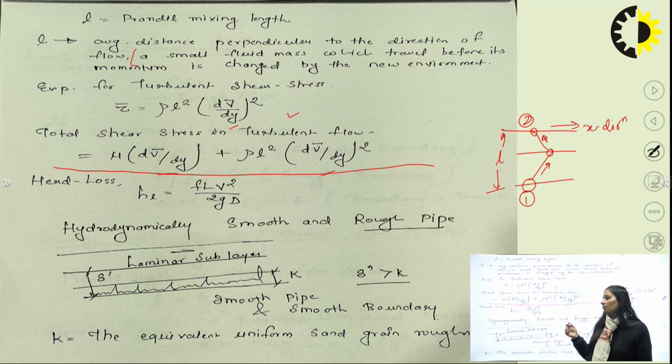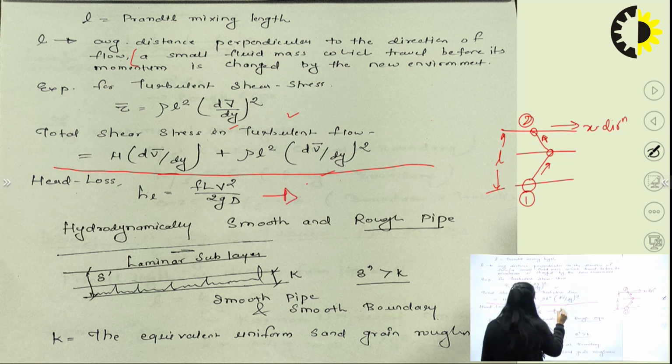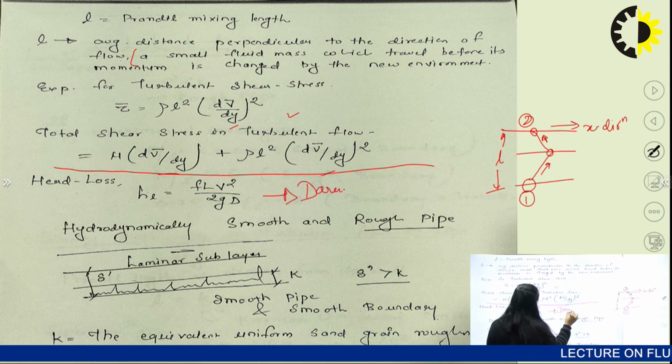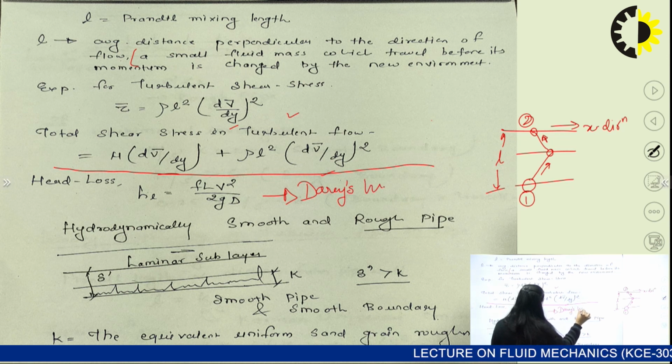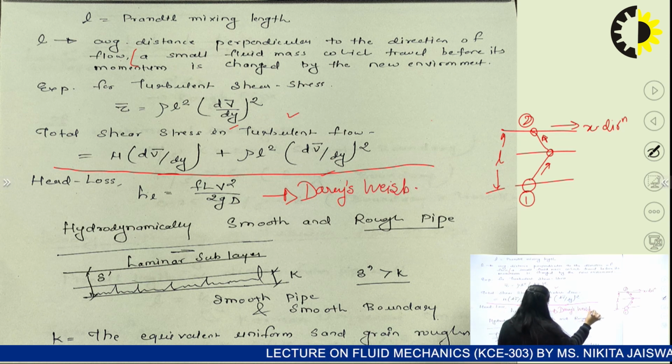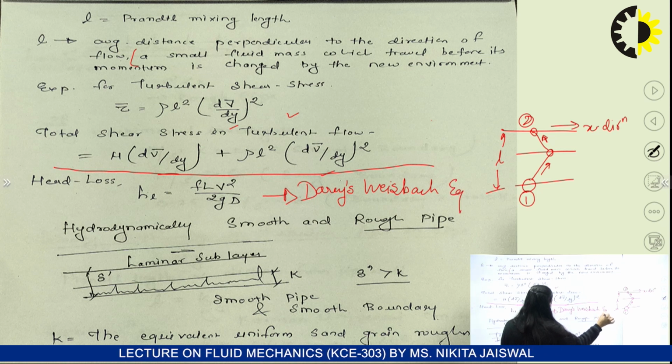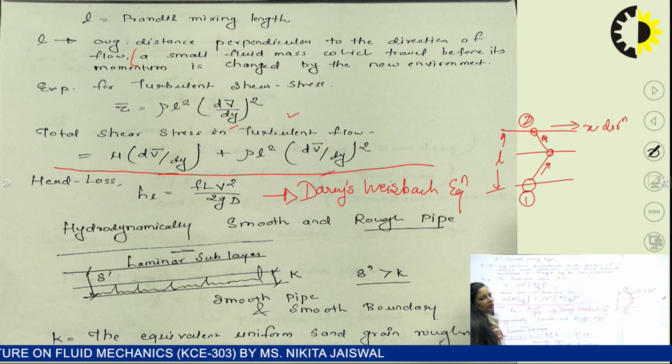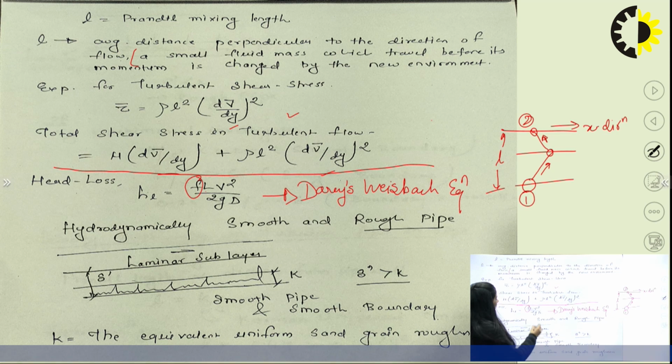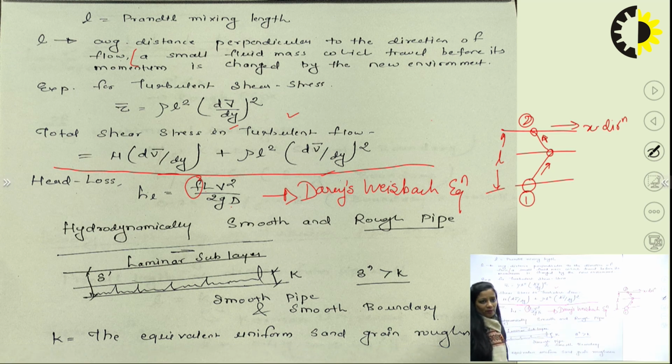Now let us talk about head loss. What is the head loss in case of turbulent flow? That is f L V square by 2 g D. This equation is called the Darcy-Weisbach equation, where f is the friction factor, L is the length of pipe, V is velocity, and D is the diameter of pipe.